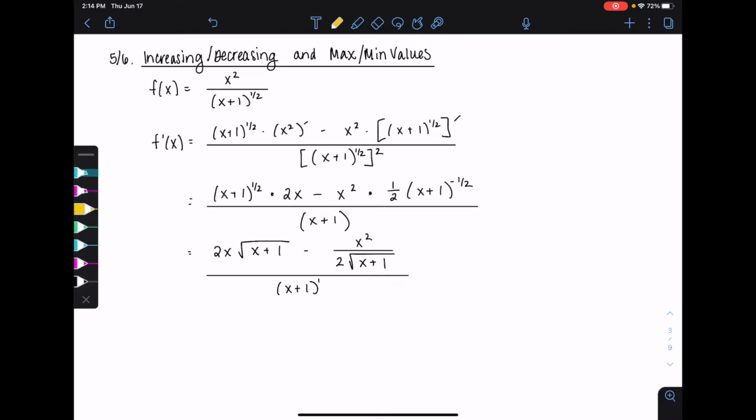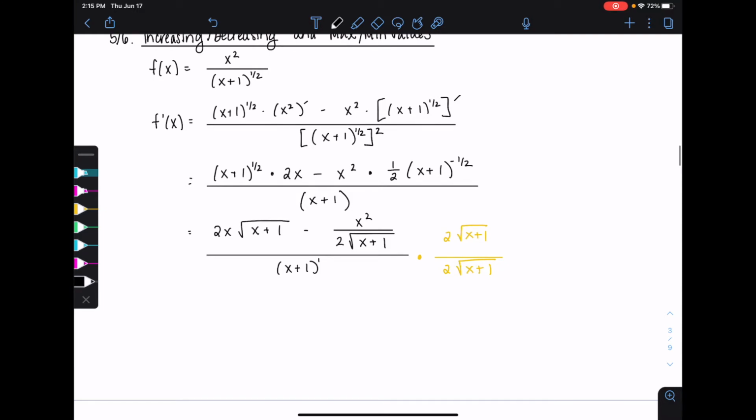I want to get this as a nice fraction over a nice fraction. Problem is I've got a fraction in my numerator. So what I'm going to do is I want to wipe this denominator by multiplying the top by 2 square root of x plus 1. And what we do in the top, we have to do in the bottom as well. So we go ahead and multiply everything out.